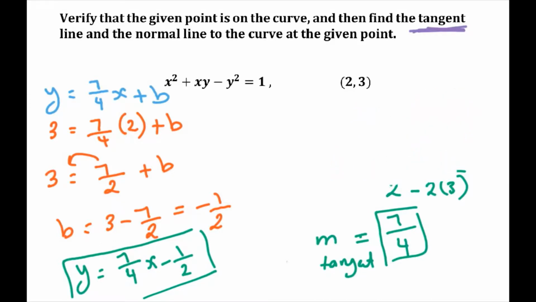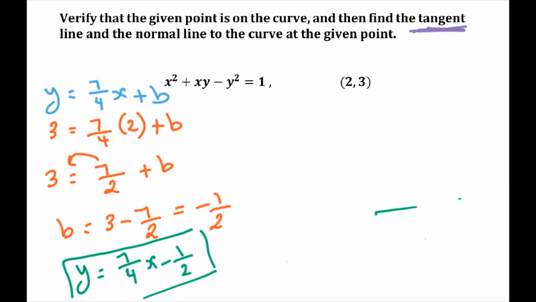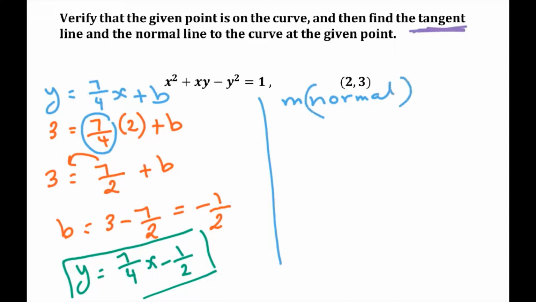Now I need to find the equation of the normal. Well, we know that the normal is perpendicular to the tangent. So if the slope of the tangent is 7/4, then the slope of the normal will be -4/7, the negative reciprocal. So y equal -4/7 x plus b. Again, use this point to find b.